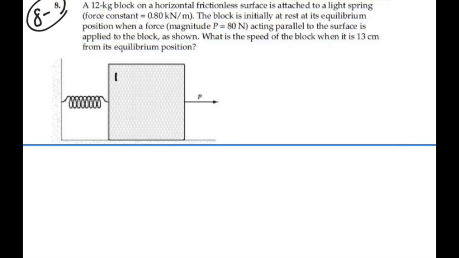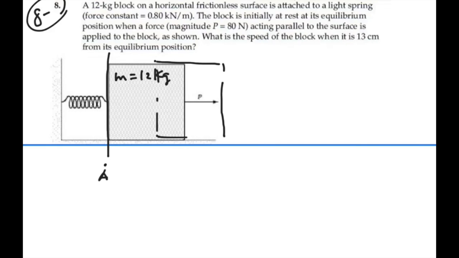Alright, so we have a mass of 12 kilograms, and we're located at the equilibrium position, so let's call that point A. And we're going to extend this out to some new position. Let's call that point B. So this distance that we extended it was 13 centimeters from the equilibrium position.